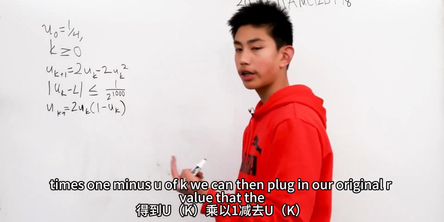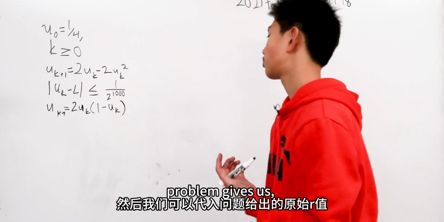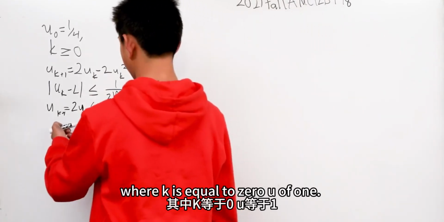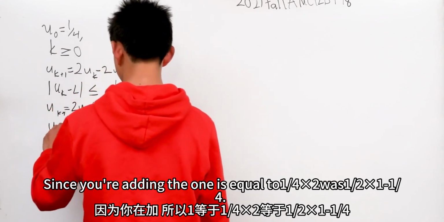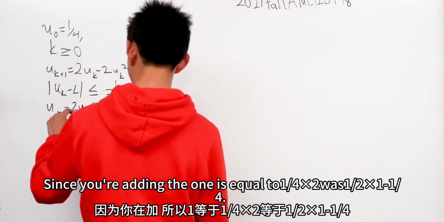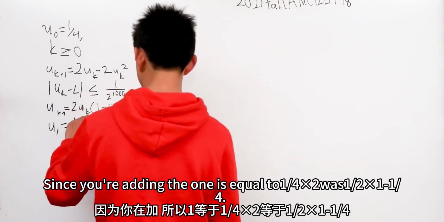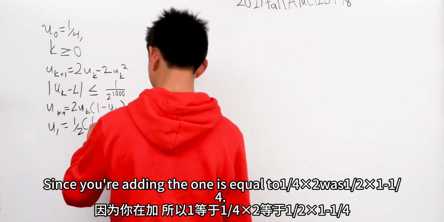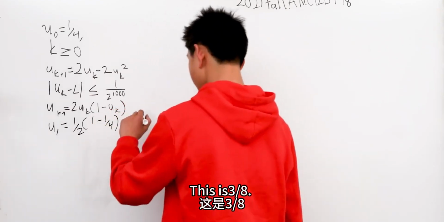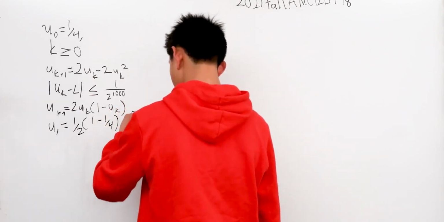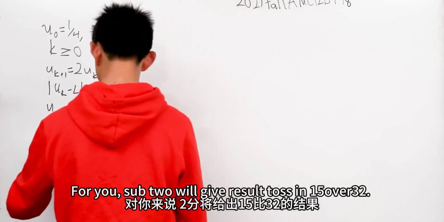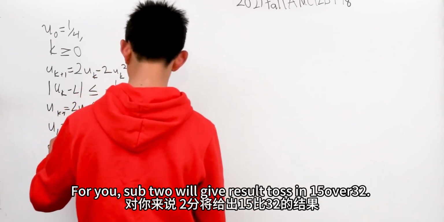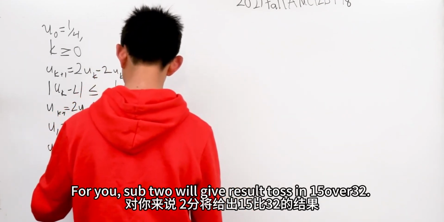We can then plug in the value the problem gives us, where k is equal to 0, so u of 1 is equal to 1/4 times 2, which is 1/2, times 1 minus 1/4. And this is 3/8. Doing this again for u sub 2 will give us 15 over 32.